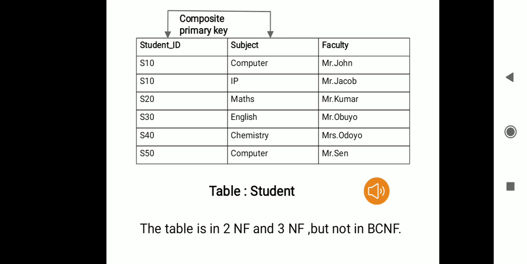This is because the columns student ID and subject taken together form a key attribute which determines the non-key attribute faculty. But even though this table is in second normal form and third normal form, it is not in Boyce Codd Normal Form. In the next slide, I will show it with an example.